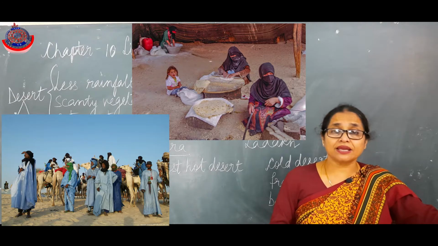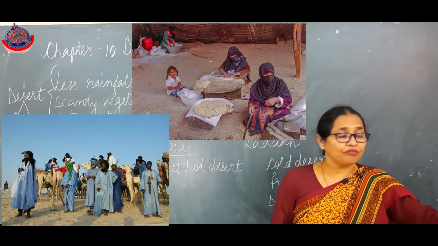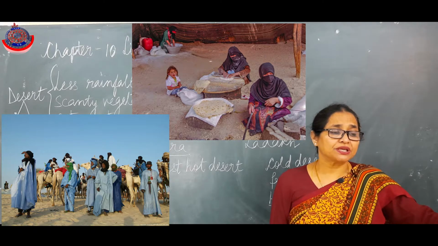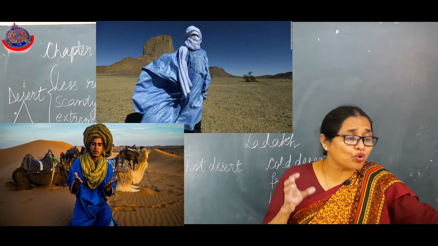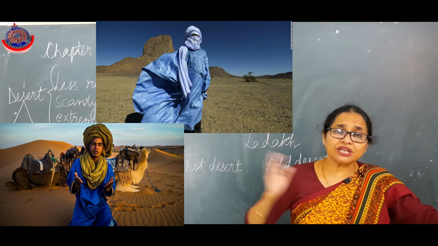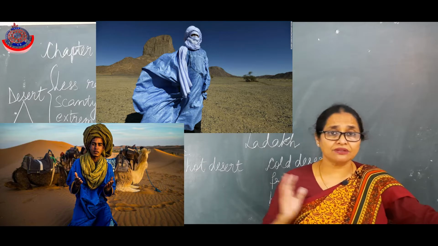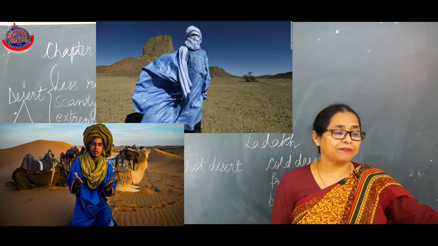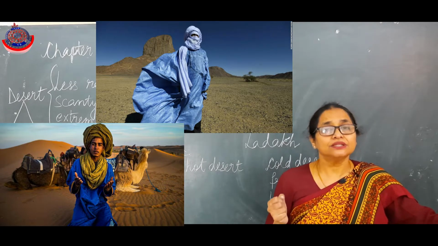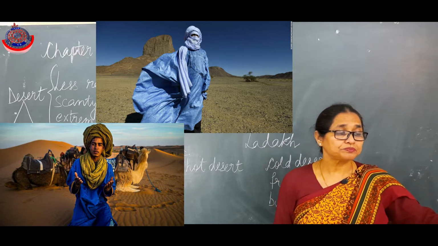They get milk and the skins of animals. These nomadic tribes wear heavy robes, heavy clothes, one after another. They layer themselves to protect them from the dust storms and the hot winds.